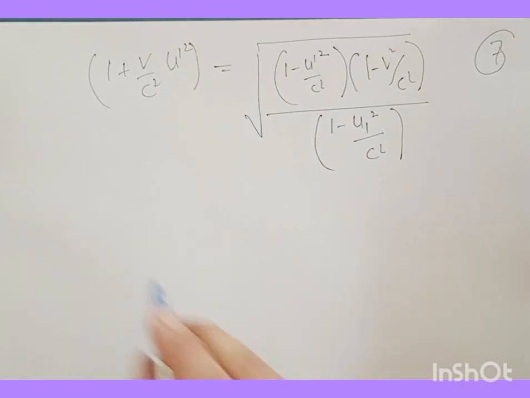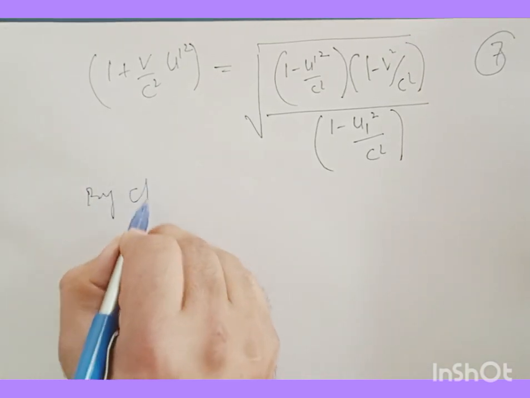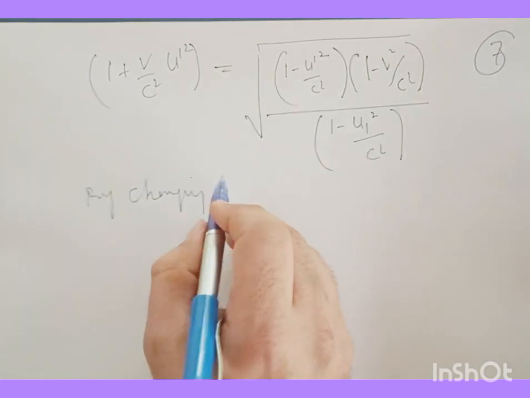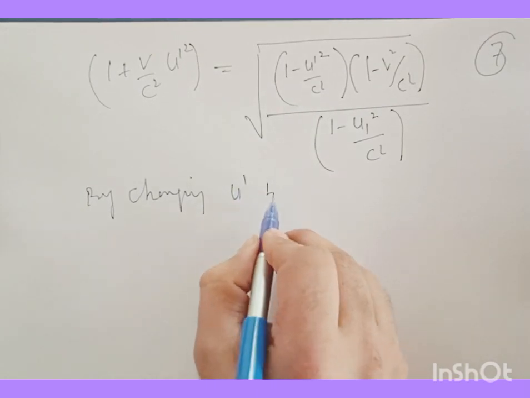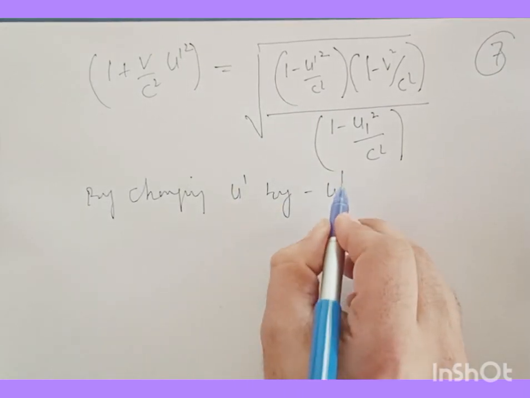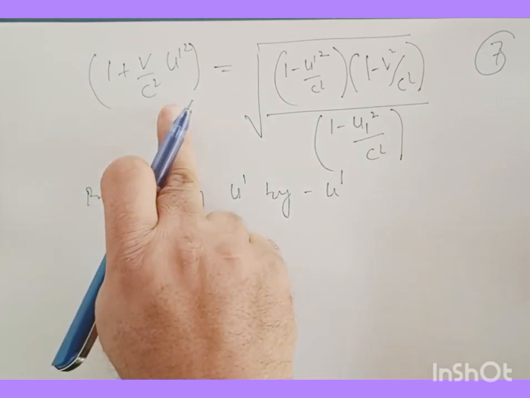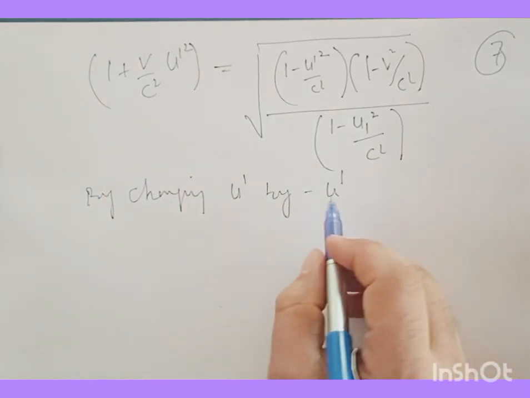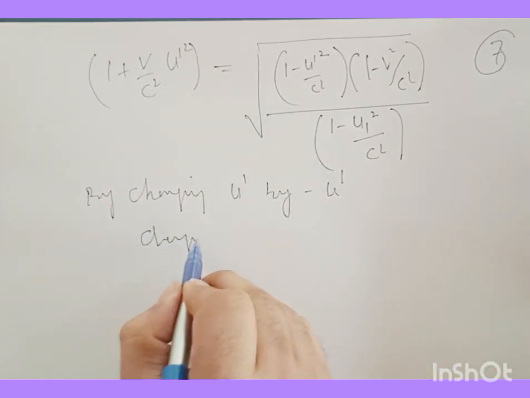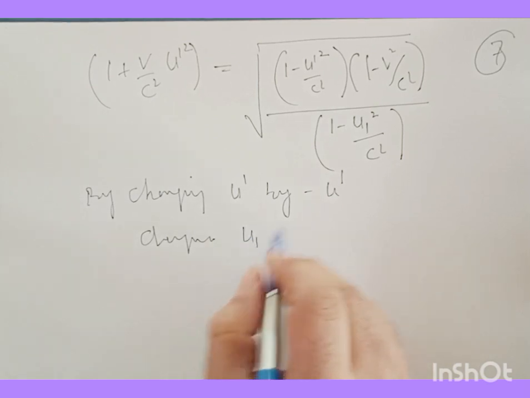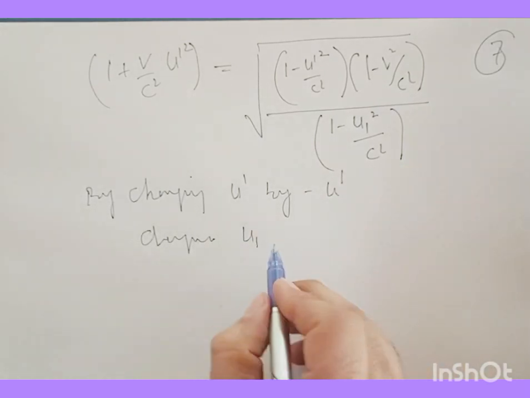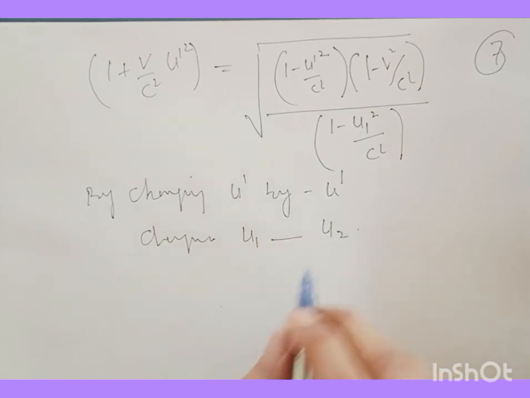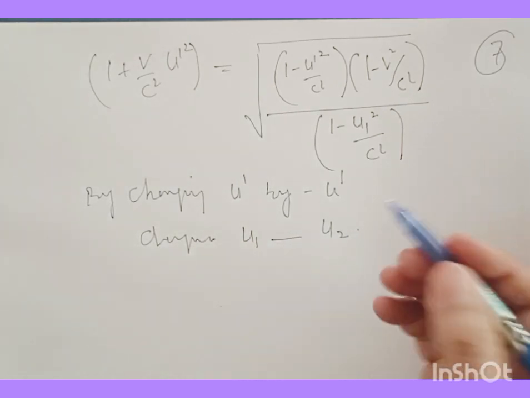By changing u dash to minus u dash on the left hand side, and changing u1 on the right hand side to u2, we will get another equation.